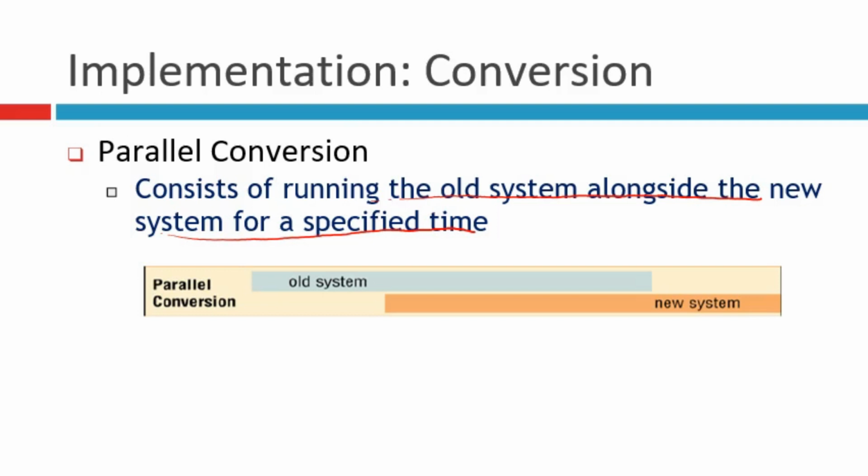So as you can see, Microsoft Word is used alongside the new system, which is Open Office document. So the transition is better without assistance from the user.